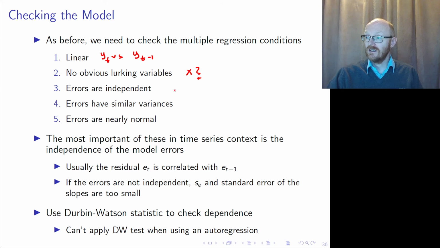And you just check, this would be the correlation of the error with its own lag. And you have to check that the errors have similar variances, for example, across time. And that the errors are nearly normal. Then you just use the histogram.